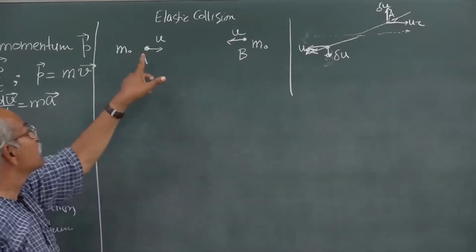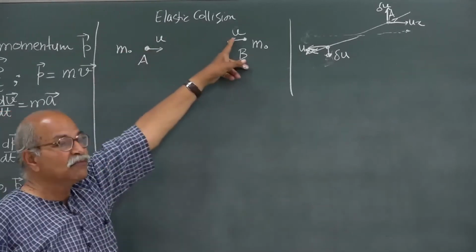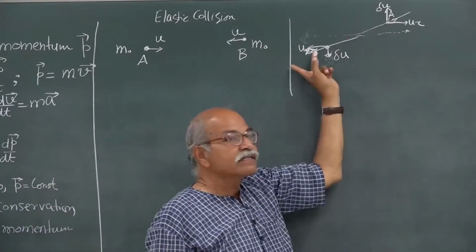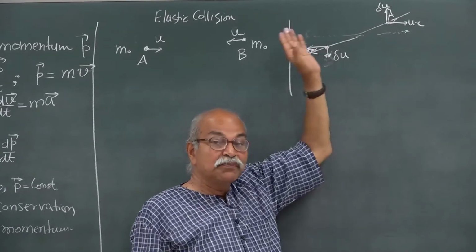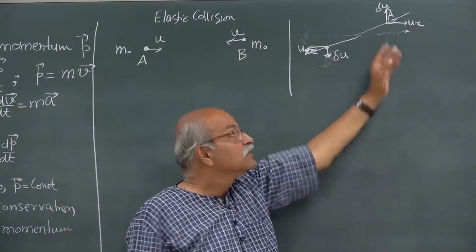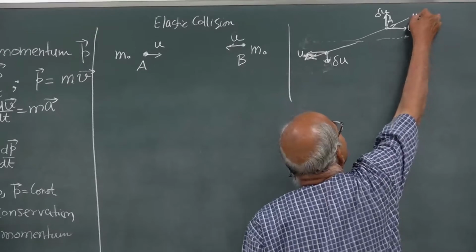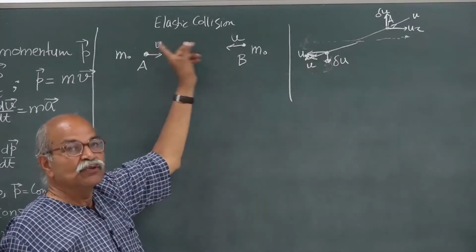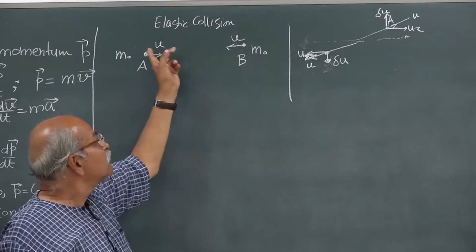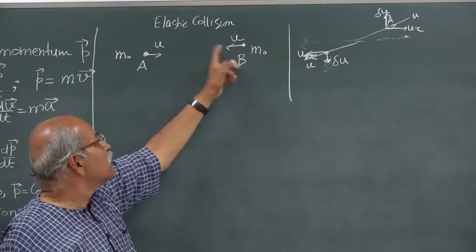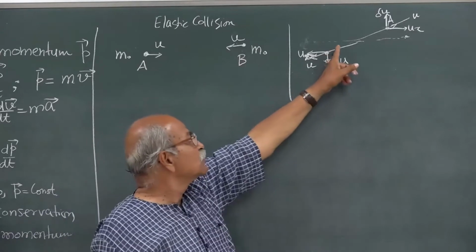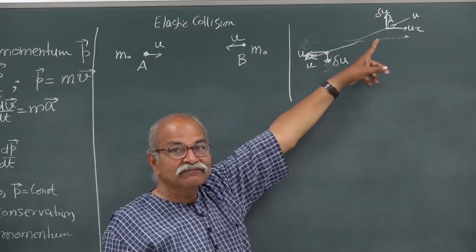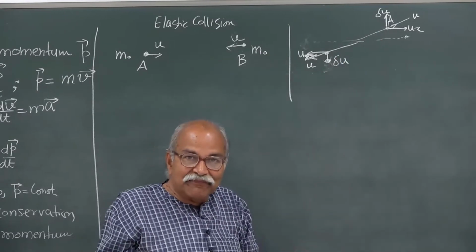Here the kinetic energy is half m naught u square plus half m naught u square, and here it should be the same kinetic energy, and therefore, the speed of the particle should be u here and u here, the same u. So, that the kinetic energy is half m naught u square plus half m naught u square, here also it should be half m naught u square plus half m naught u square. So, it should be same.